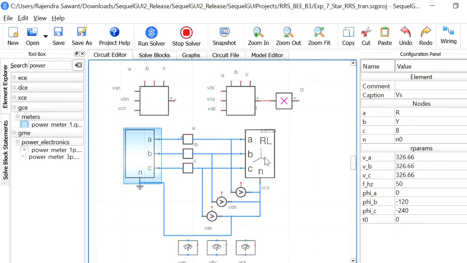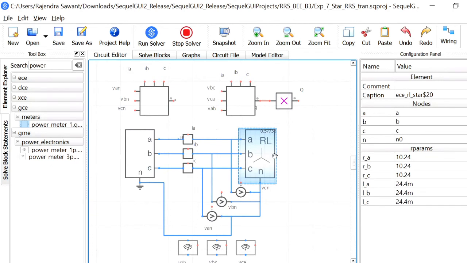Now let us look at the star connected load. This star connected load is nothing but an RL load. R_A, R_B, R_C are the three resistances, and L_A, L_B, L_C are three inductors.